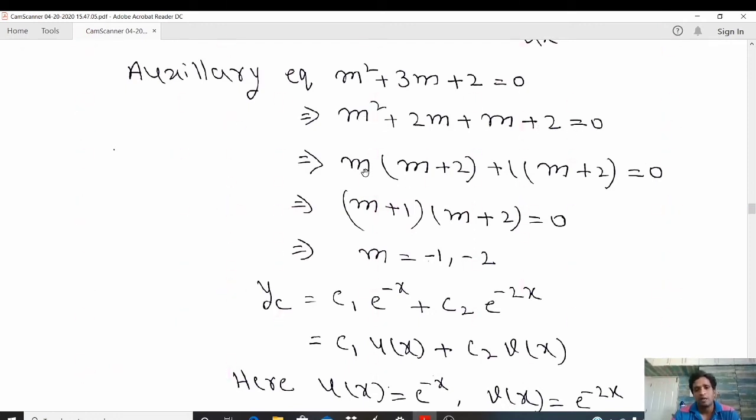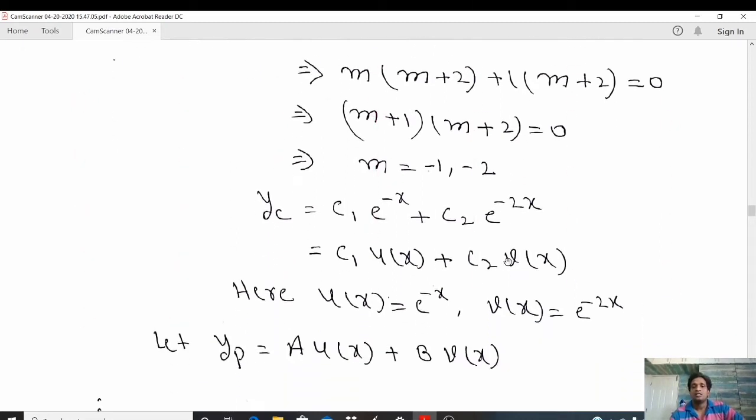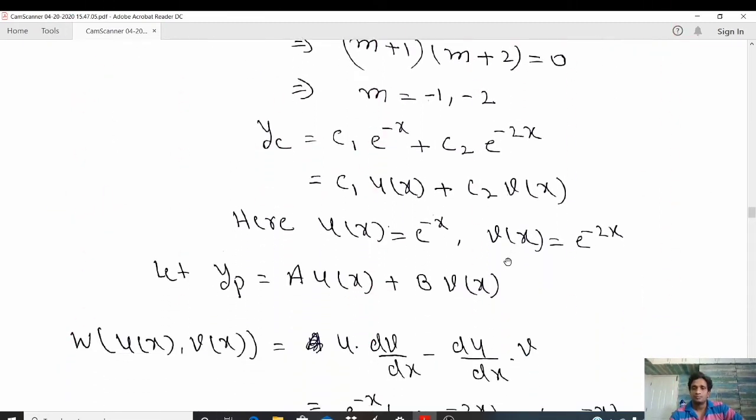If you take m common in the first two terms, it becomes m into m plus 2. Again, if I take 1 common, m plus 2 equal to 0. It becomes m plus 1 into m plus 2 is equal to 0, where we get m values as minus 1 and minus 2. Here, the values are real and distinct. So, yc will be c1 e power minus x plus c2 e power minus 2x.